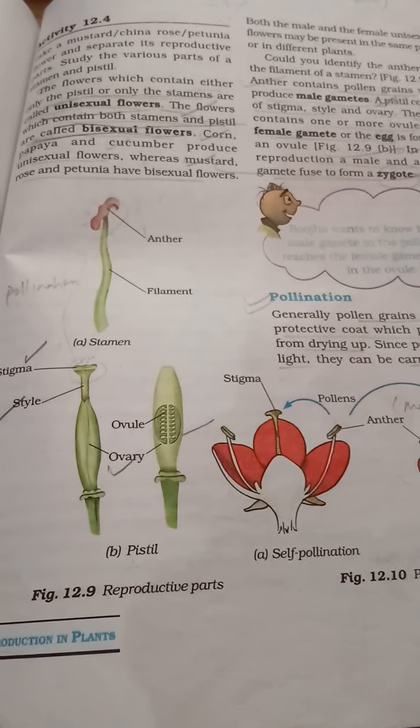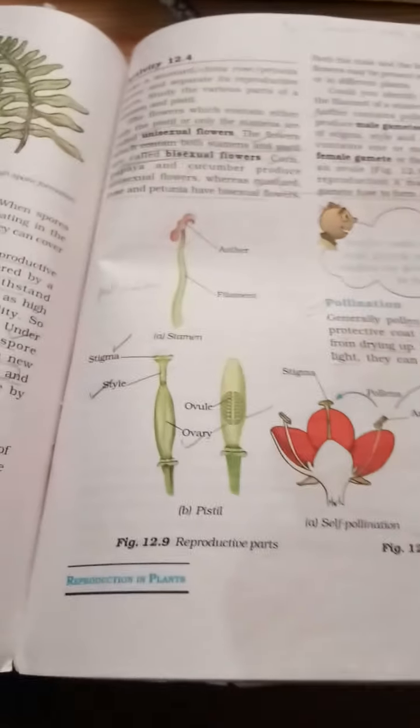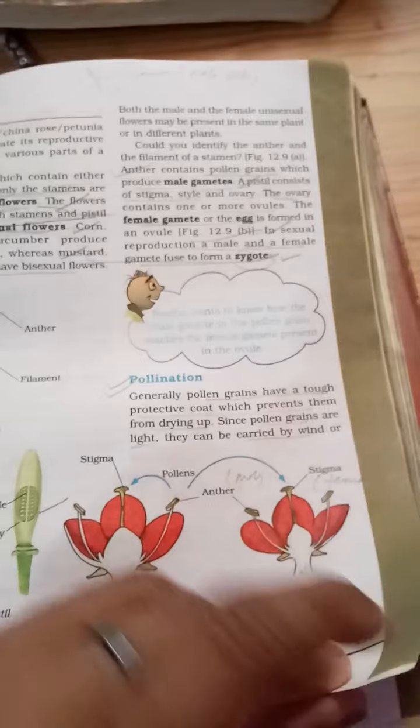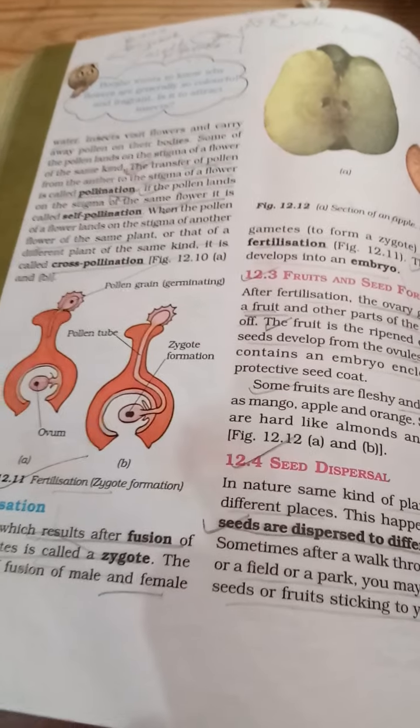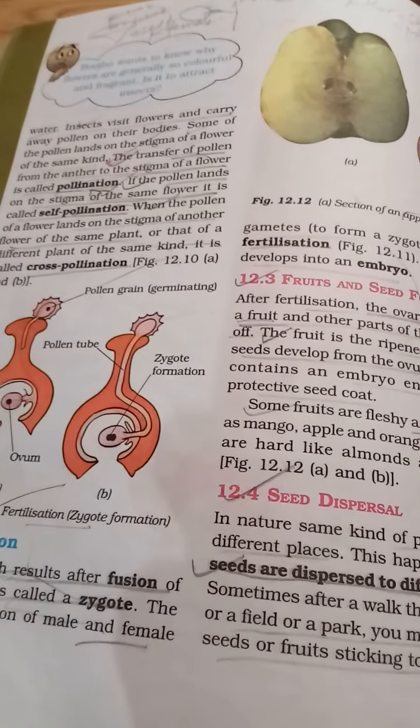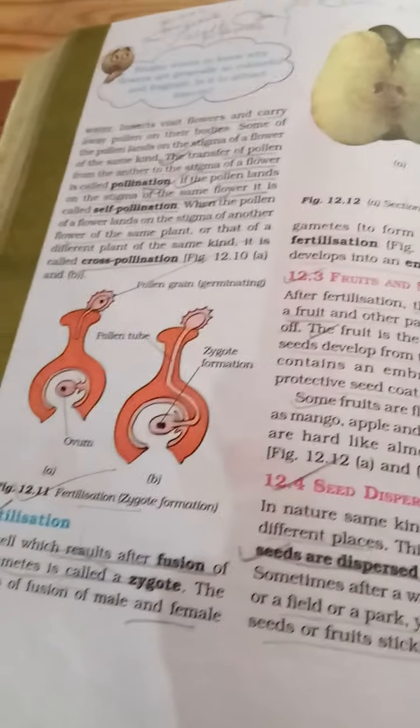Self pollination includes pollination from the pollen of the same flower or from a flower belonging to the same plant, whereas in cross pollination the pollen will always be from a different plant of the same species.